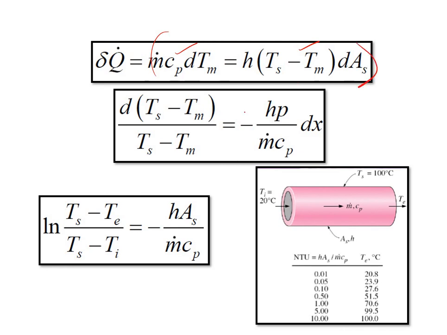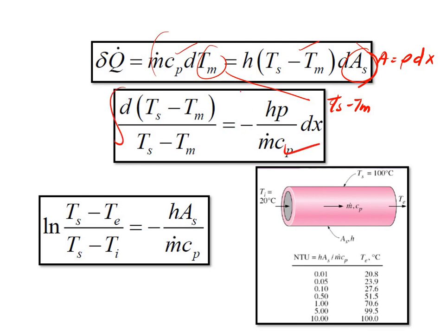Using these two equations, assume A is equal to P times dx, and rearrange the equation: Ts minus Tm, and then you will have this kind of equation.